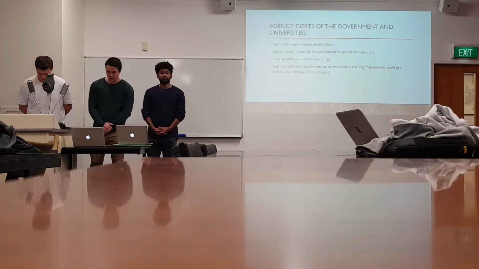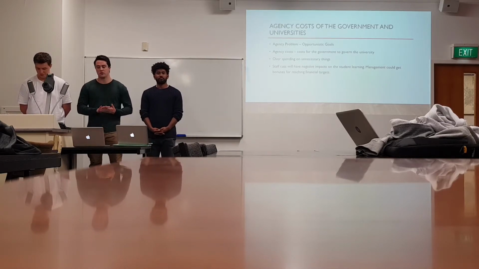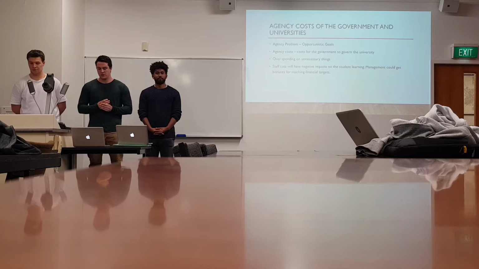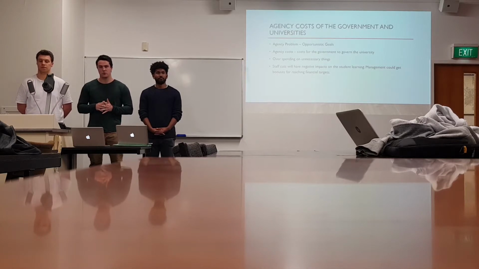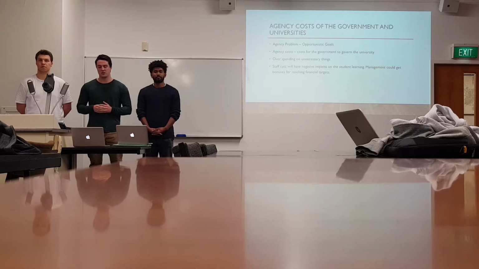Sweet. So, in order to find agency costs for universities such as the Waikato University, we need to address the agency problem. So the agency problem can occur in situations where the government cannot directly observe the university's actions, and when the self-interested university chases its private goals at the expense of the government's goals.